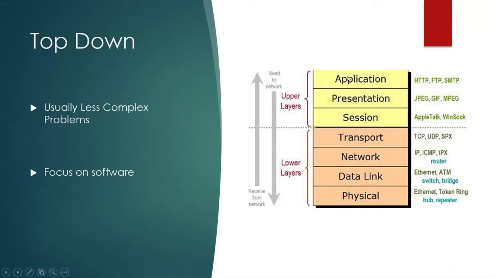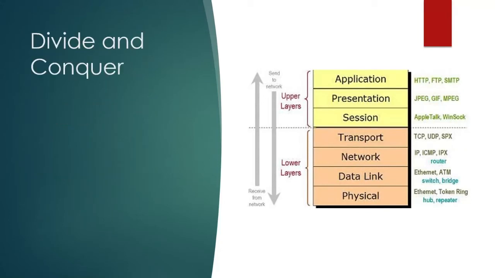And like I said, there's a focus on the software up here. So a lot of times it can come down to your particular domain knowledge in regards to that software and getting that problem fixed.